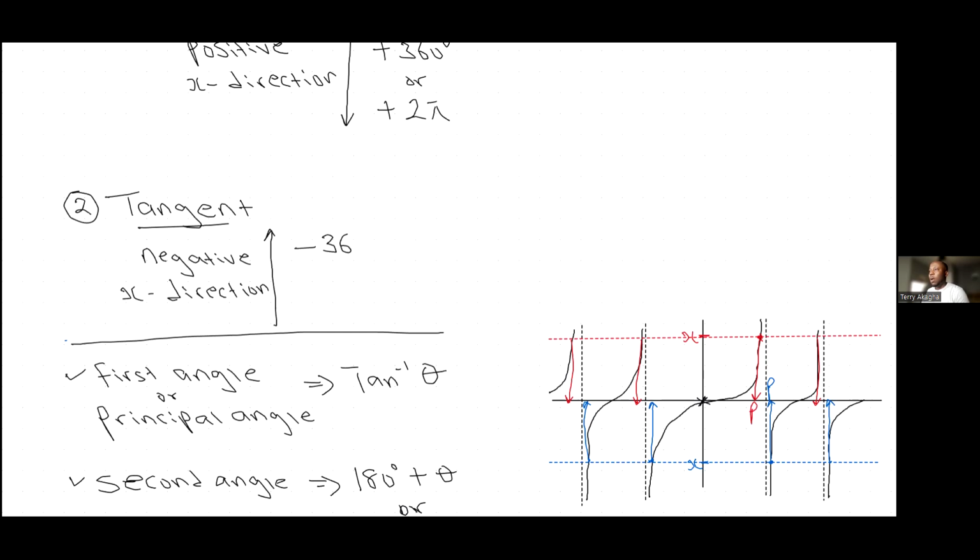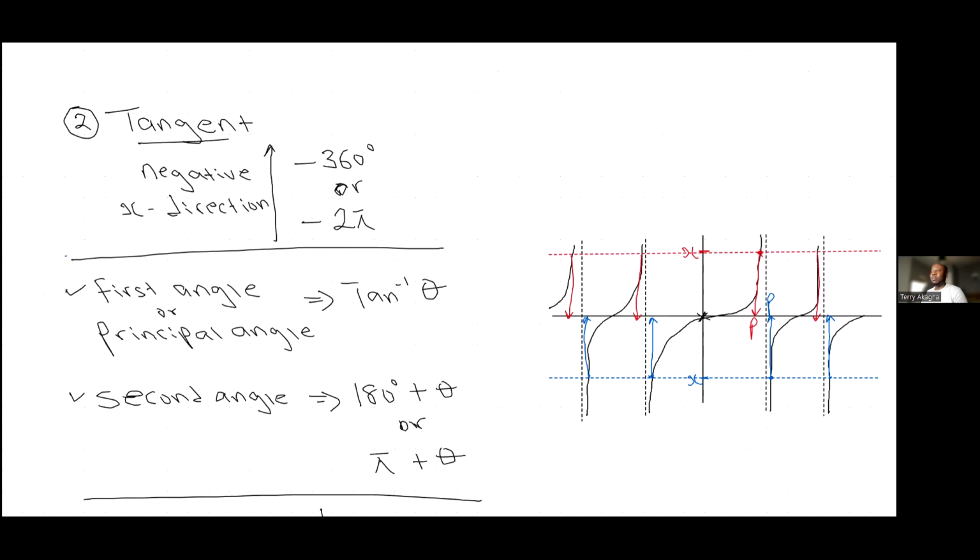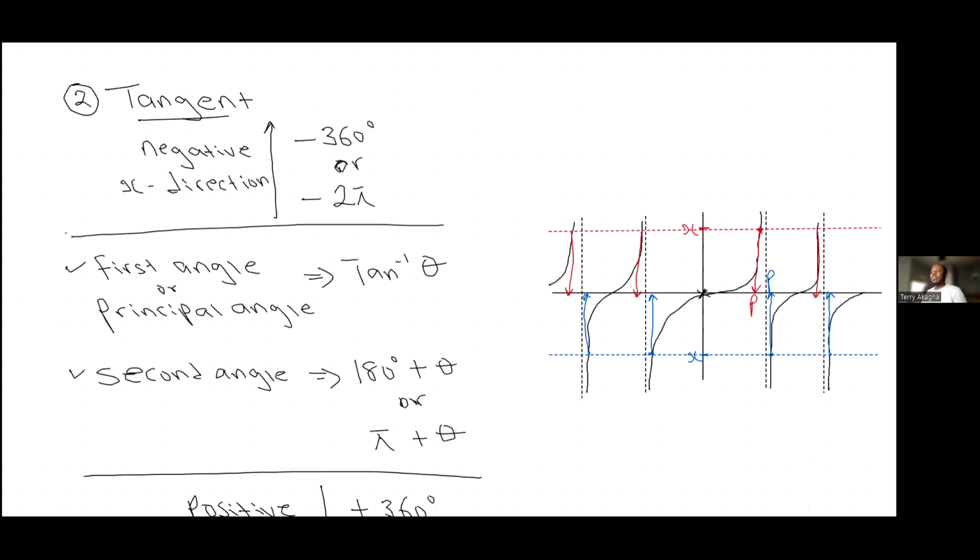Or I'm going to be subtracting 2 pi, okay? So either I'm going to be subtracting 360 or 2 pi, and that is how you do this as well. So for tangent, to get the first angle, which is the principal angle, you do tan inverse of theta.